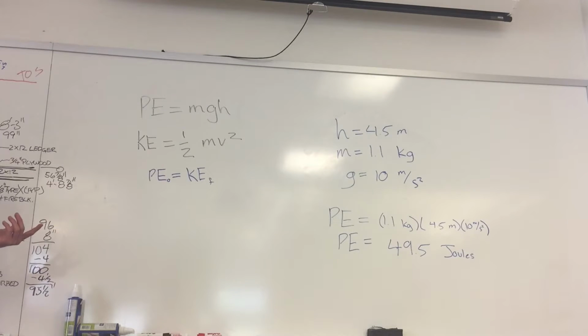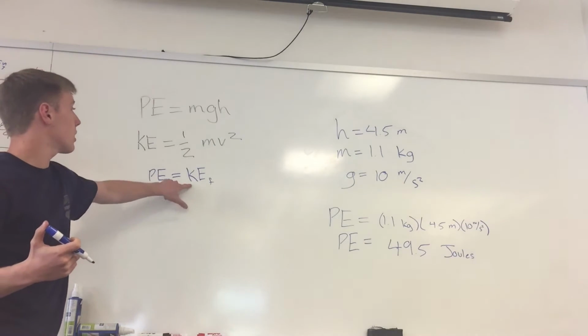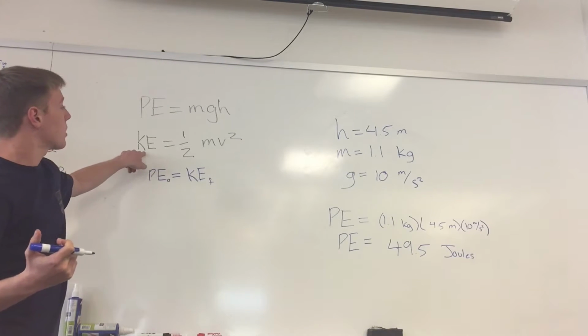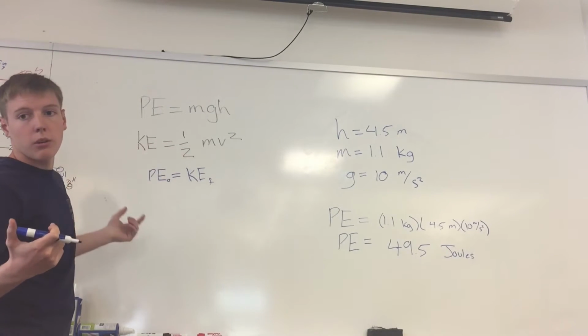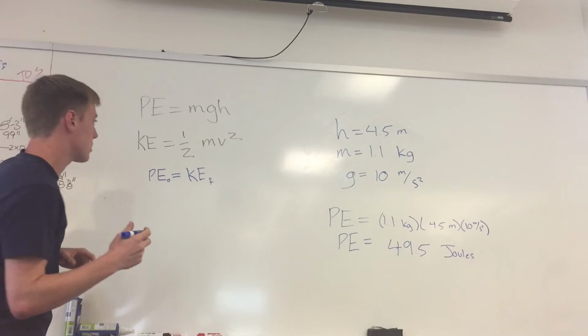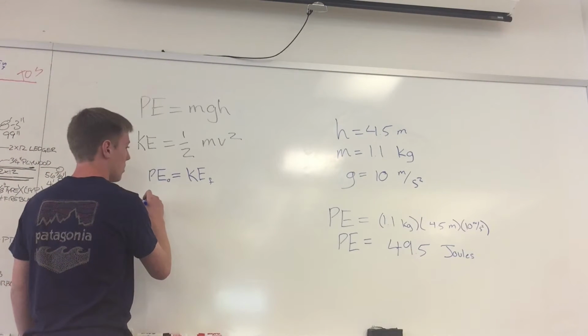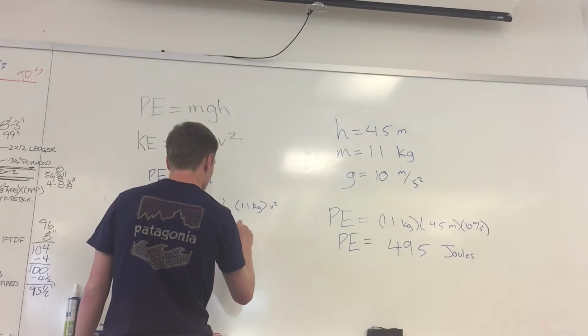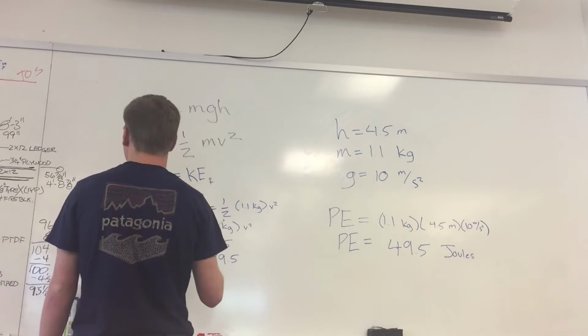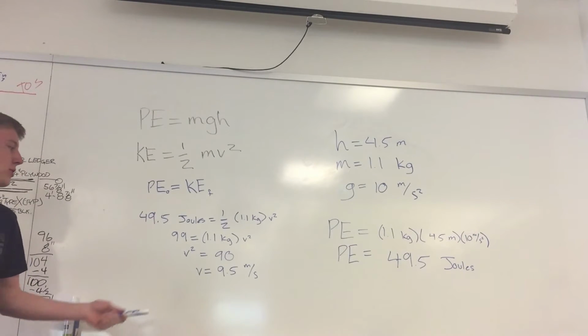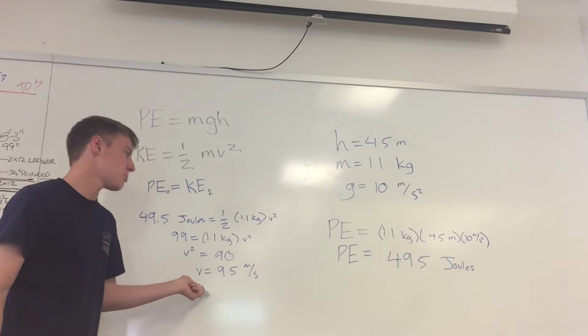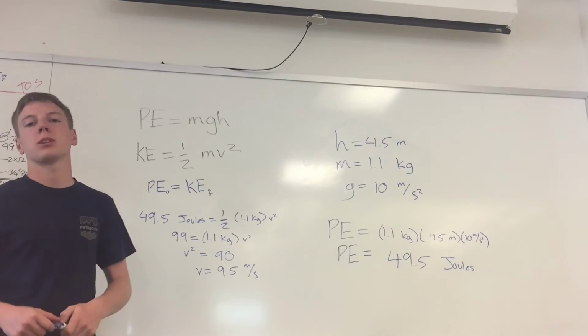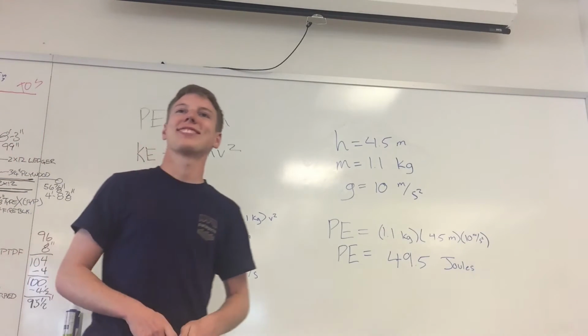So once we have our potential energy value, we can easily substitute that in for KE right here, and then we can plug in our mass, and we can go ahead and solve for our final velocity. So we get a final velocity value when the ball hits the ground of 9.5 meters per second.